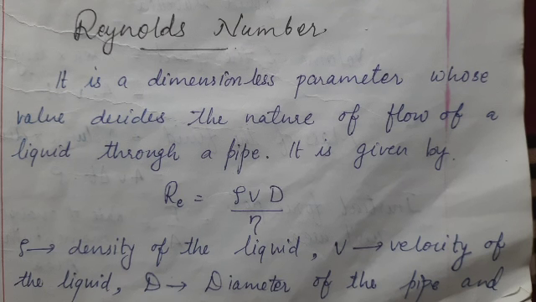Now we have a particular number showing the nature of flow of liquid through a pipe.